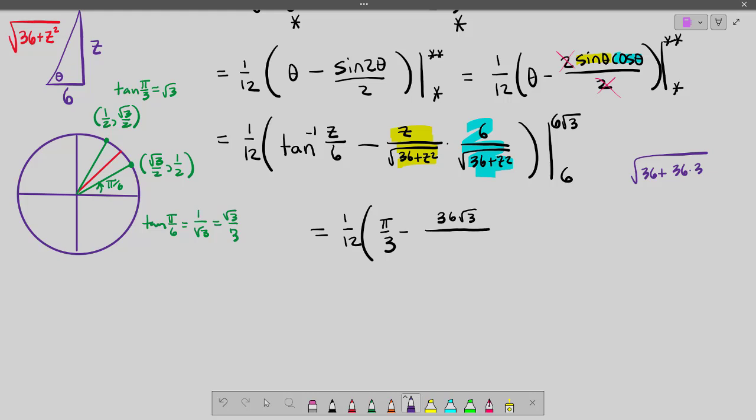This is going to turn into 36 times 4. It's a product, so you can split a root over a product. That's going to end up being 6 times 2, which is 12. So that's all going to be 12 down in the denominator, and that's going to happen twice.